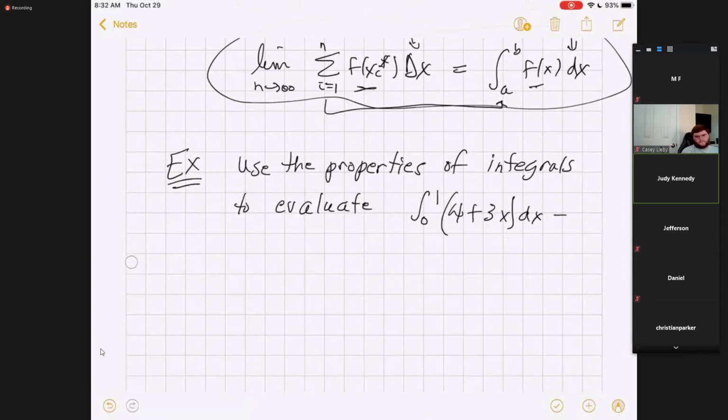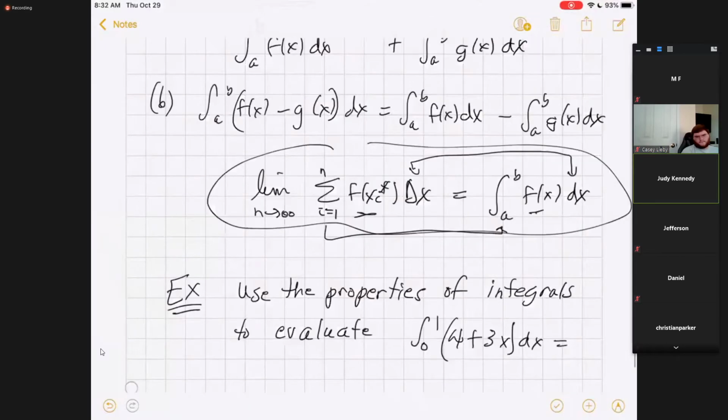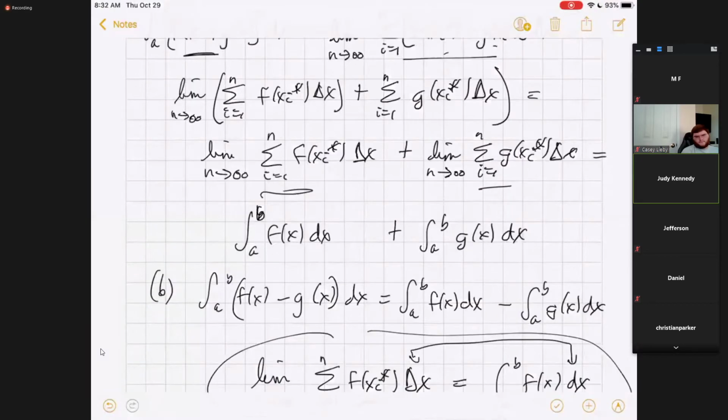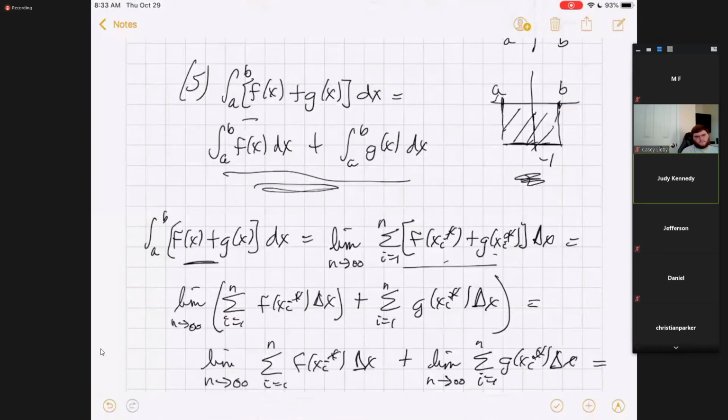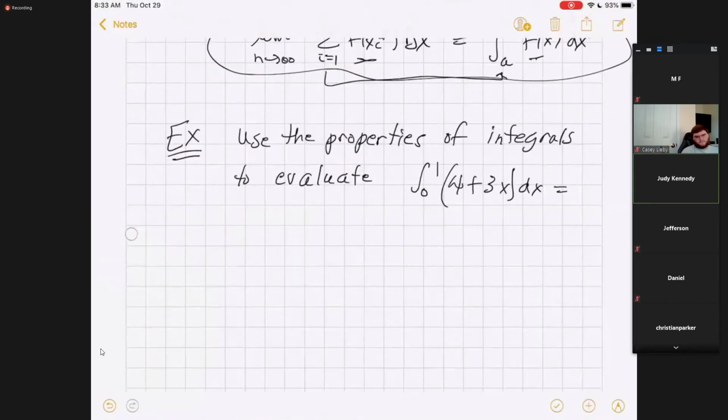Well, that's the sum of two functions, so I can use property 5 to break that into the sum of two integrals. So this is equal to the integral from 0 to 1 of 4 dx plus the integral from 0 to 1 of 3x dx.